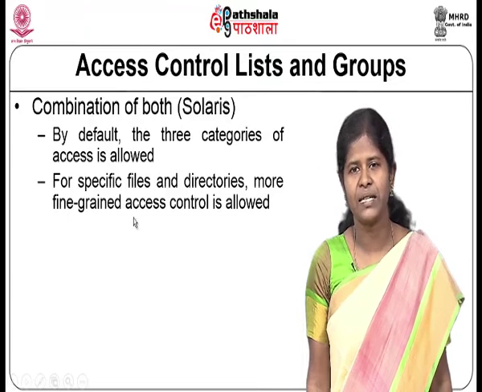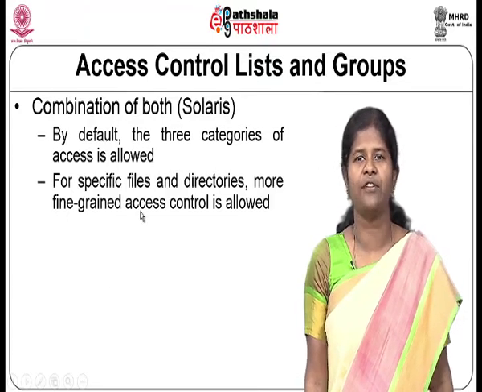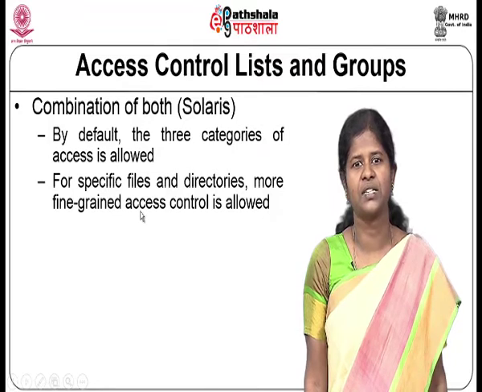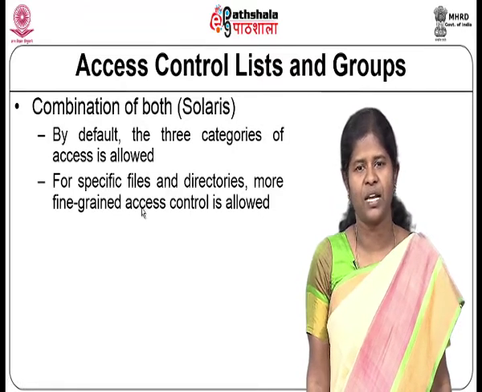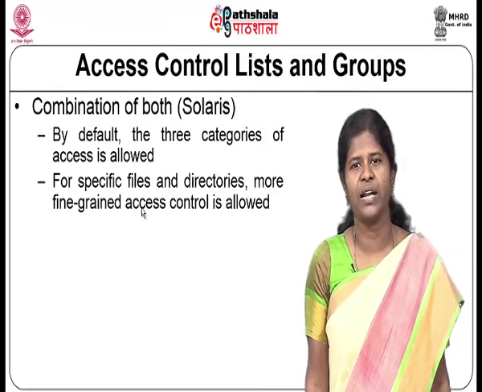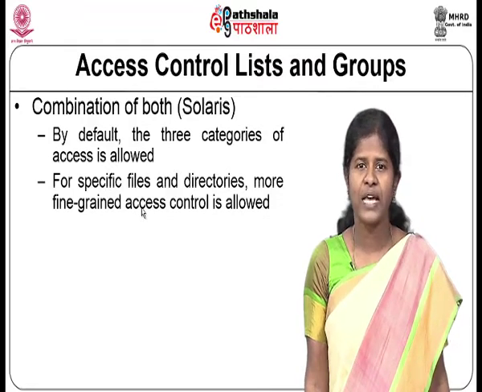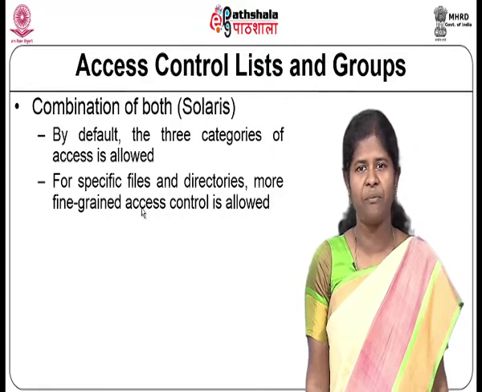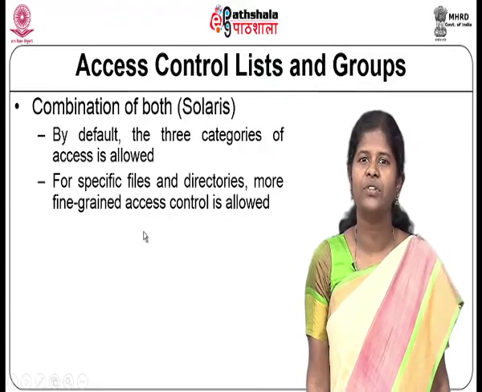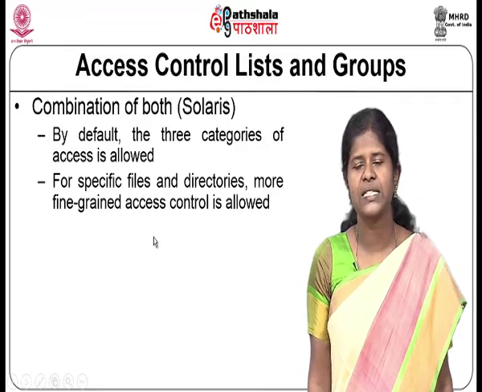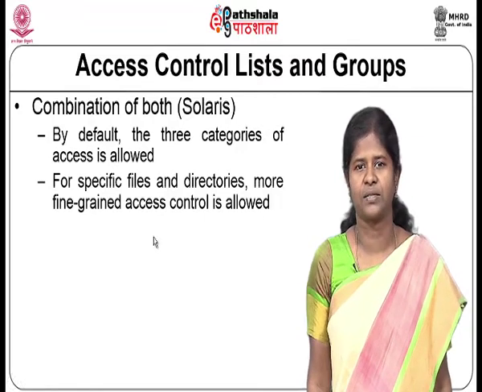By default for all the files they have 3 categories of access, but for specific files and directories alone they have some more fine grained access control. So, they will have a specific access control list only for some files, not for all files. By default all files will have the 3 categories of access: the owner, group, and others.